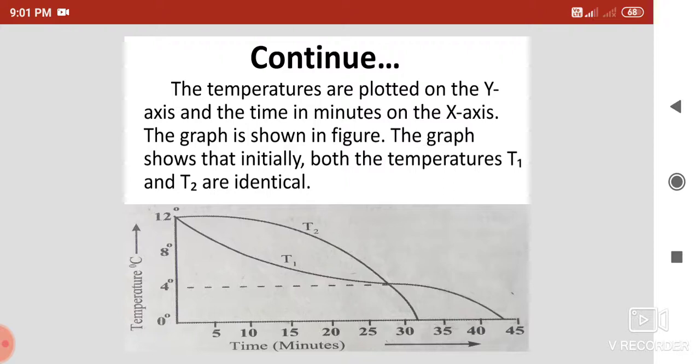The point where both curves intersect is 4 degrees Celsius, and at 4 degrees Celsius the density of water is maximum. So this curve is useful for finding the temperature at which the density of water is maximum.